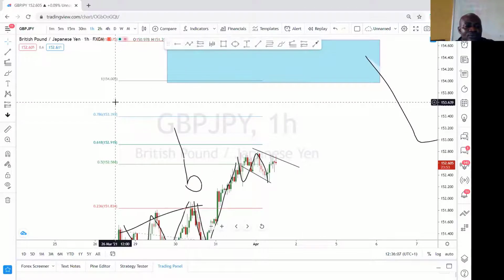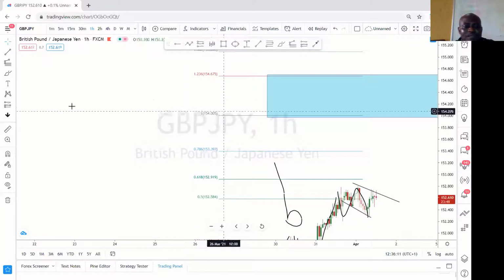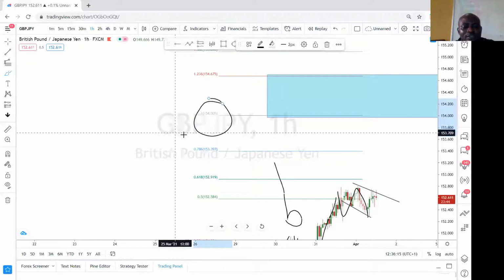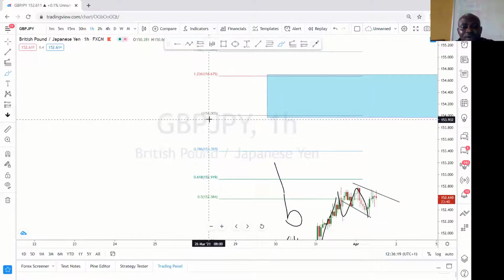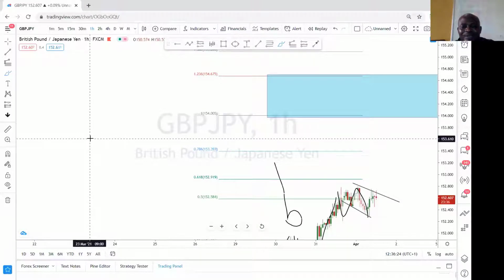TP 154.00. Can you see? Do you see what I'm saying? Can you see here? Where is 1.0? What's the value? Value is what? 154.00. Exactly. See, you cannot underestimate the relationship between Elliott wave theory and Fibonacci.